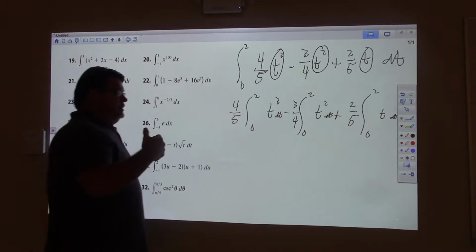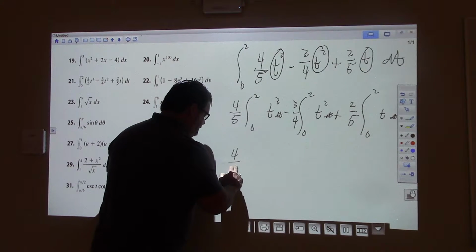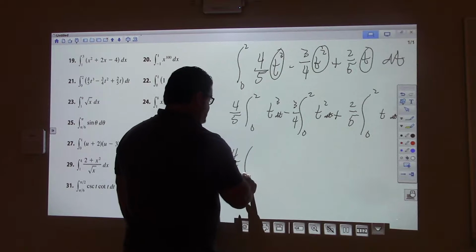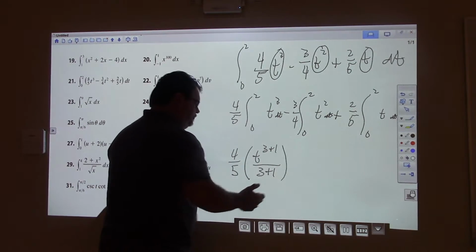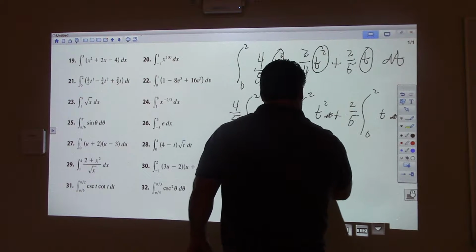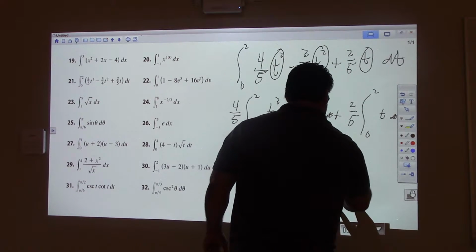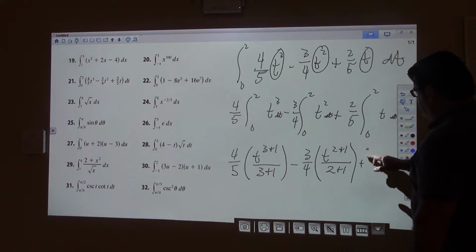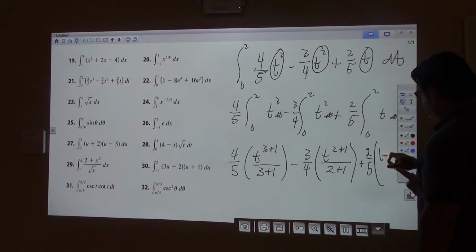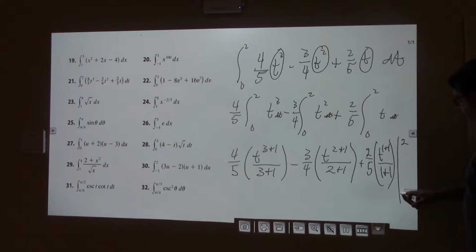So for those of you that missed the lecture the other day, I'm going to write how to take the antiderivative. 4/5, and then that's going to be parentheses t to the 3 plus 1 over 3 plus 1, minus 3/4 t to the 2 plus 1 over 2 plus 1, plus 2/5 times t to the 1 plus 1 over 1 plus 1, and all that's evaluated at what? 2 and what? 0.